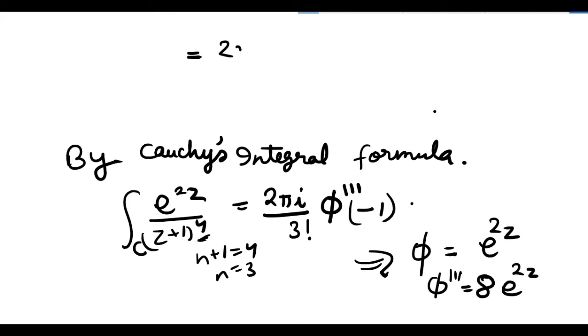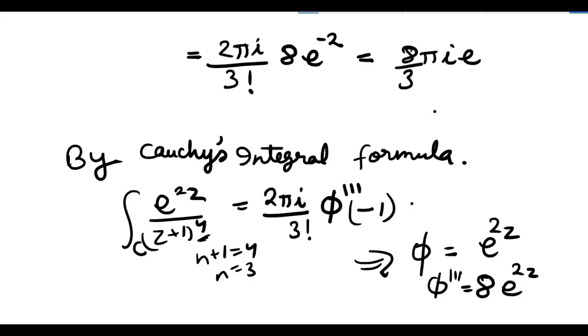So our required answer is 2 pi i upon 3 factorial into 8 e to the power minus 2, which is equal to 8 by 3 pi i e to the power minus 2. Now this is your required answer.